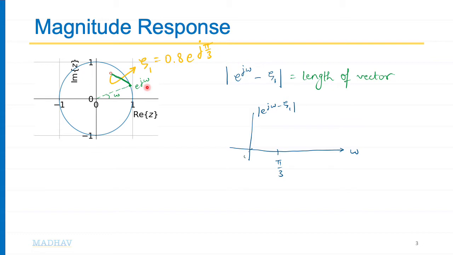This is around π/3. Then it becomes very large here, and around here it will be the largest distance. How much will that be? That will be 1 plus 0.8, 1.8. That is the largest value, and the smallest is 0.2. So around π/3 it is 0.2, and around π/3 plus π it will be around 1.8. Okay, so this is how it looks.